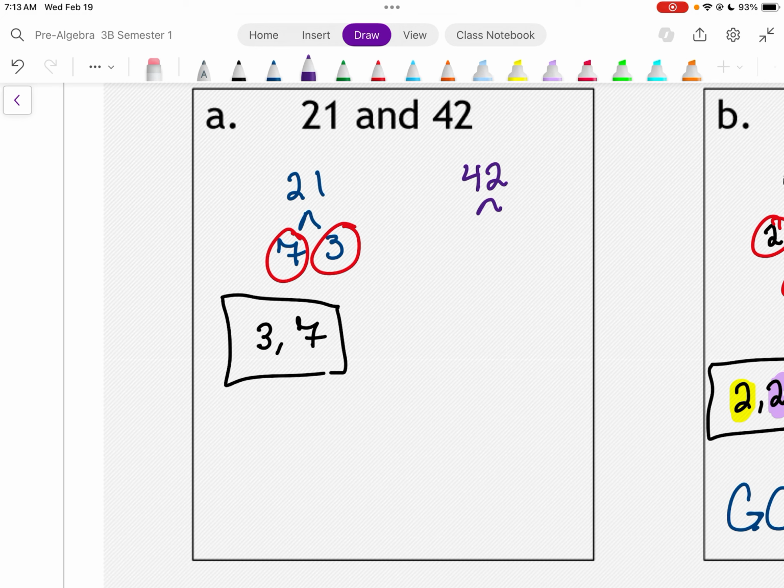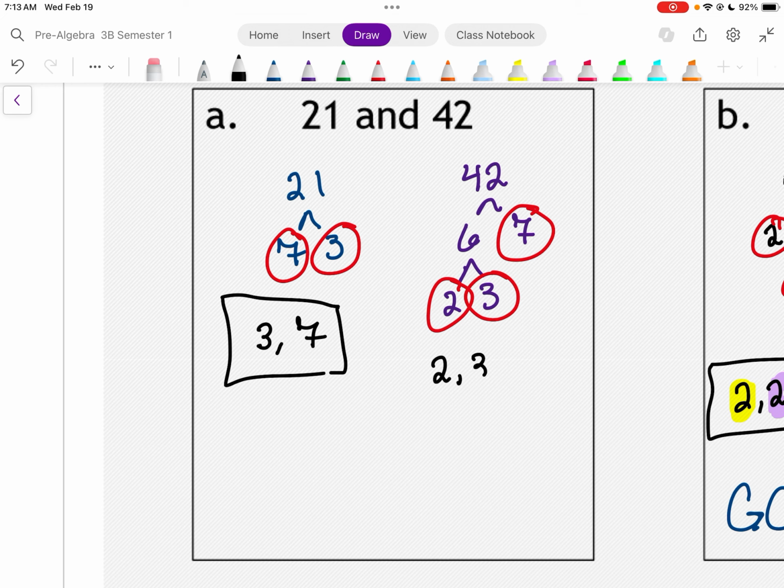You just want to make sure your list at the end is the same as my list. So for 42, you have 6 and 7. 7 is prime, so that branch is done. And then 6 can be factored into 2 and 3, both of which are prime, so we would stop there, making this list 2, 3, 7.